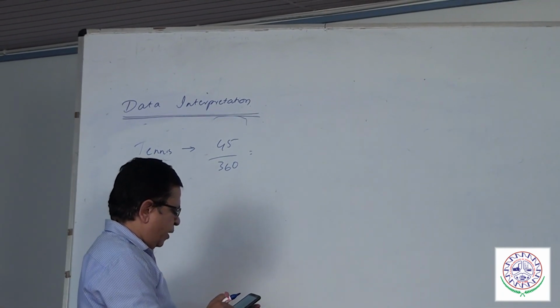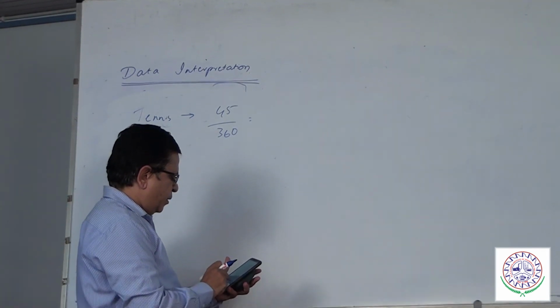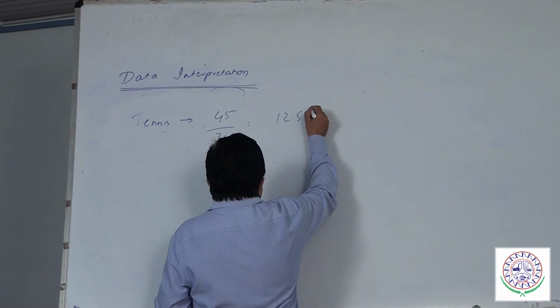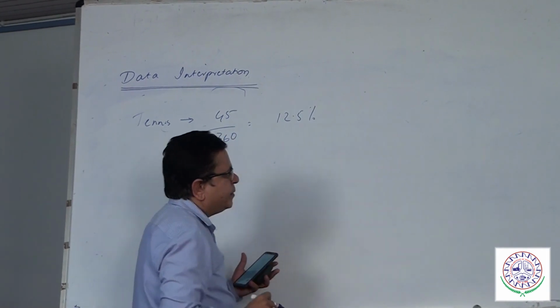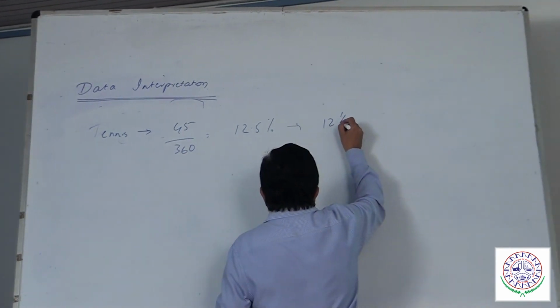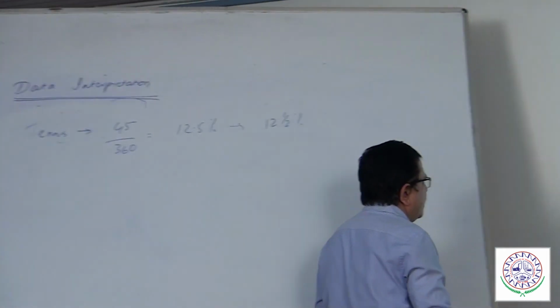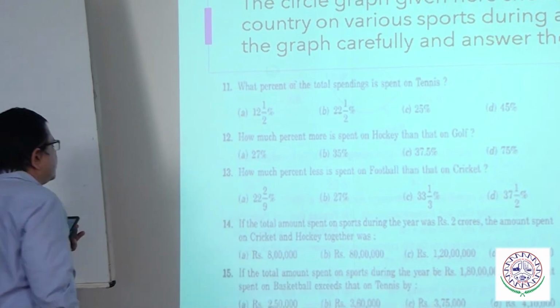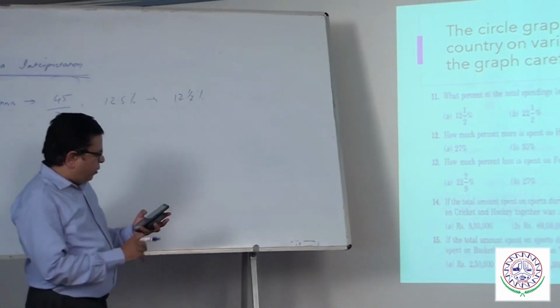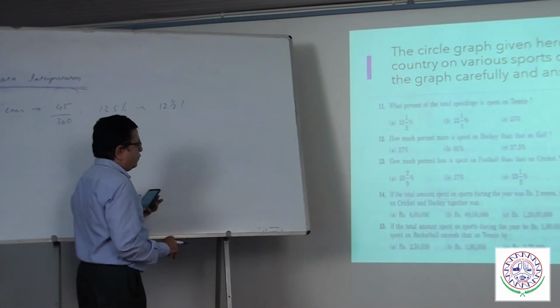So 45 divided by 360. So that makes it 12.5%. Or as given here, it is 12.5%. So that's the answer.